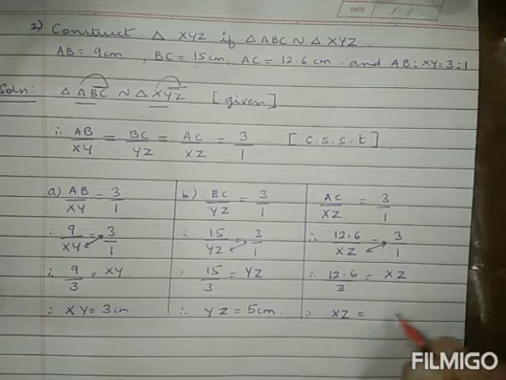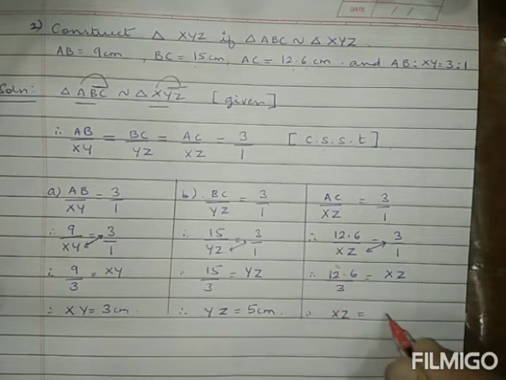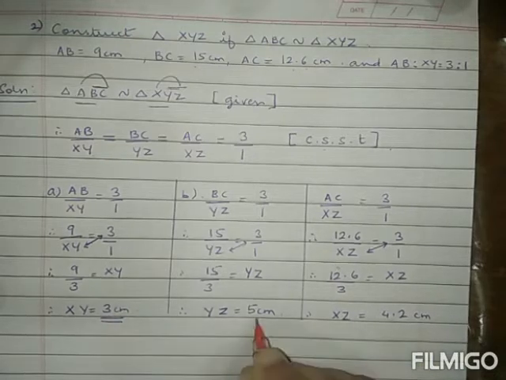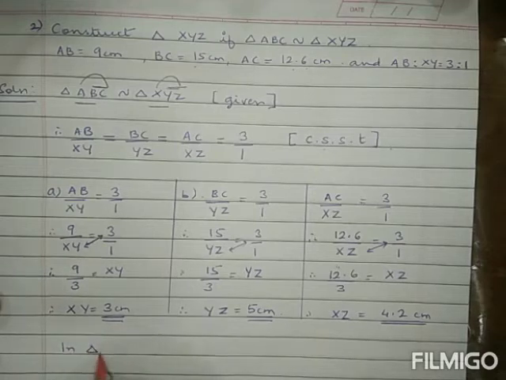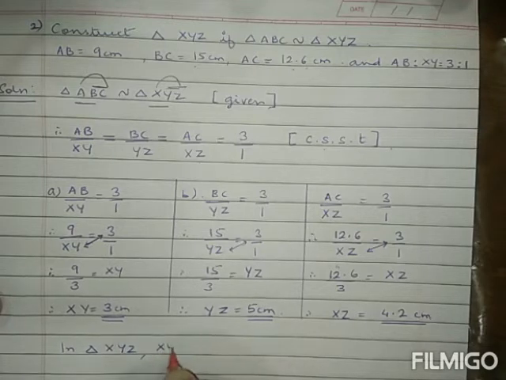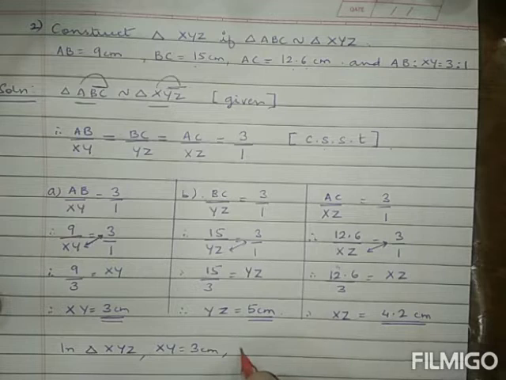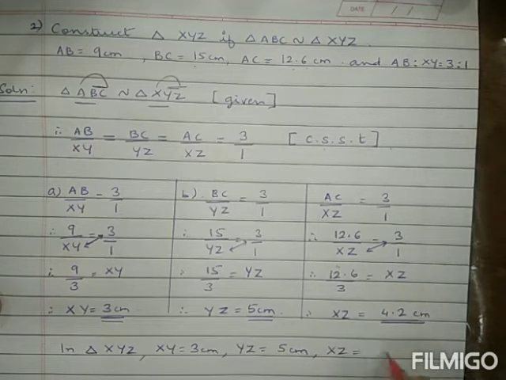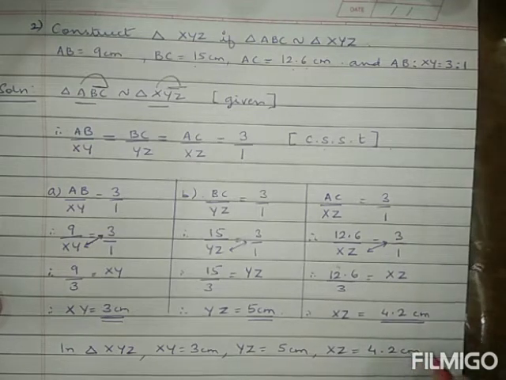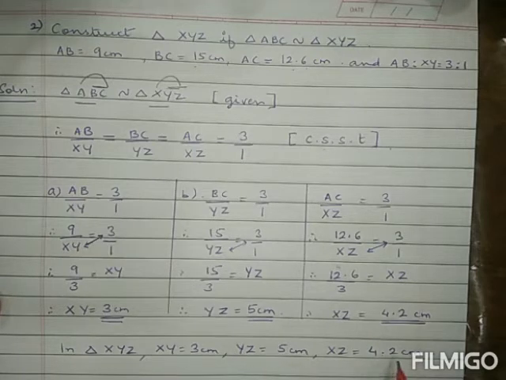Therefore, XZ equal to 4.2. So in triangle XYZ, XY equal to 3 centimeters, YZ equal to 5 centimeters, XZ equal to 4.2 centimeters. So these are the dimensions of the triangle that we have to construct.